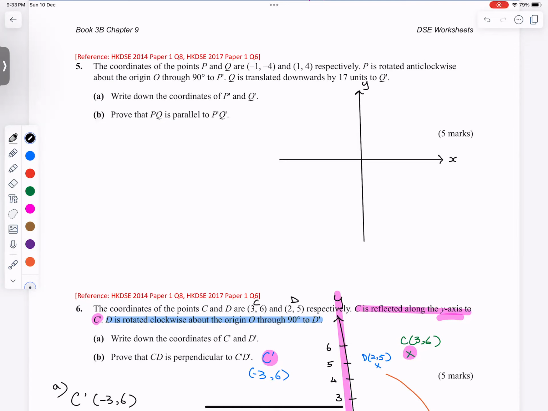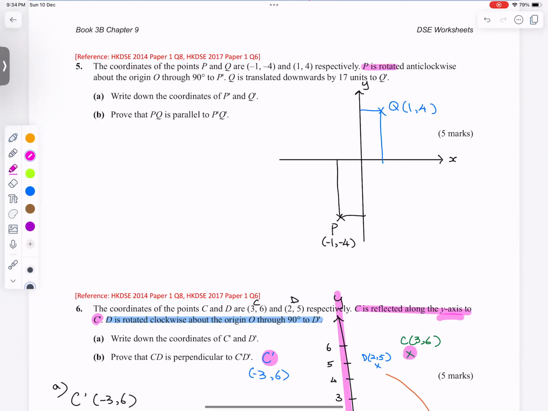Original first, -1, -4. And then Q. What happened to the P?